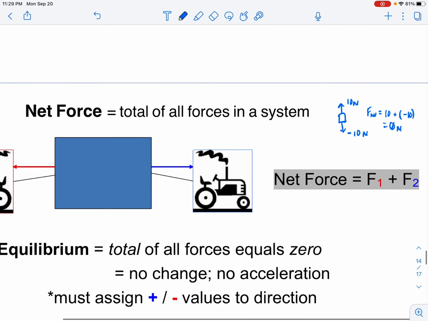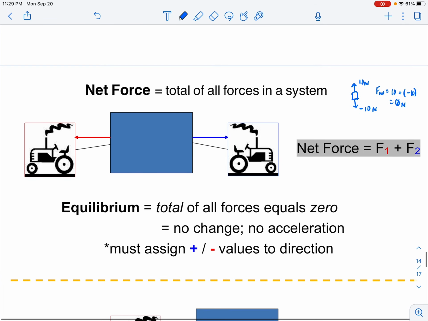Now we have some new vocabulary. We have the word equilibrium, and equilibrium is just a new, fancier way for us to say balanced forces. So what does that mean? That means that the sum of the forces equals 0.